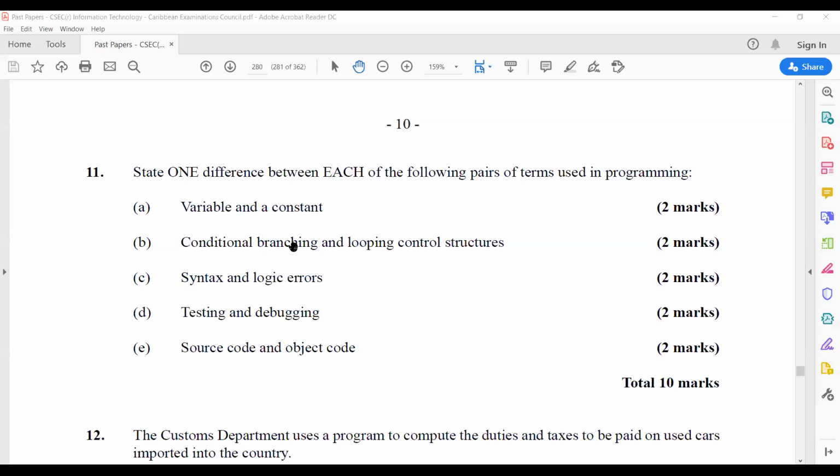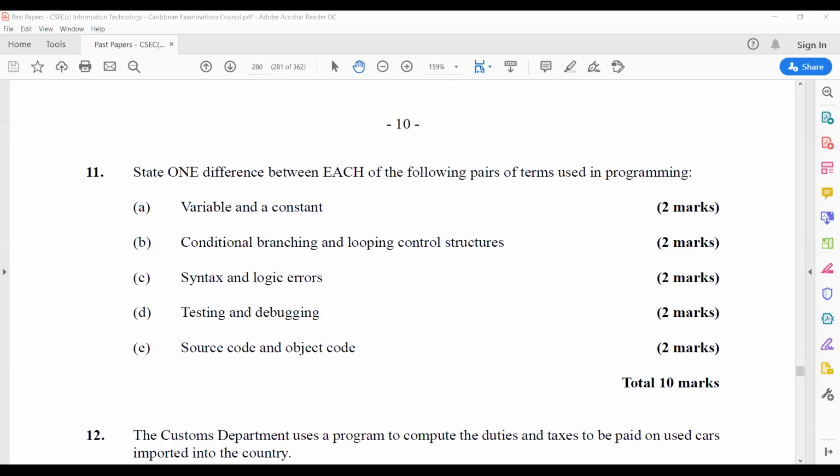All right, so this is another question. You all see the question there, question 11: state one difference between each of the following pairs of terms used in programming. The first one, what is the difference between a variable and a constant?